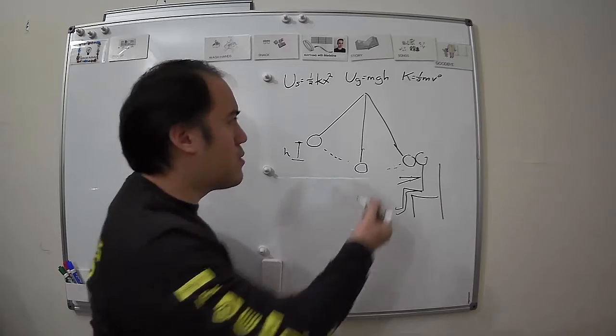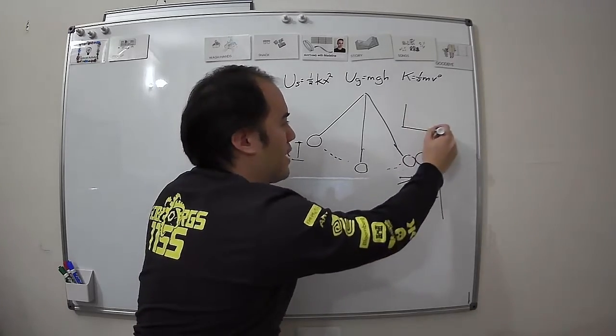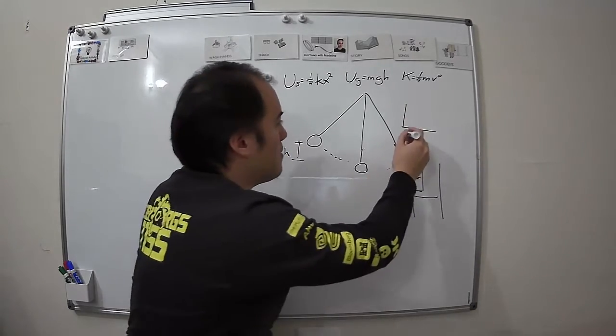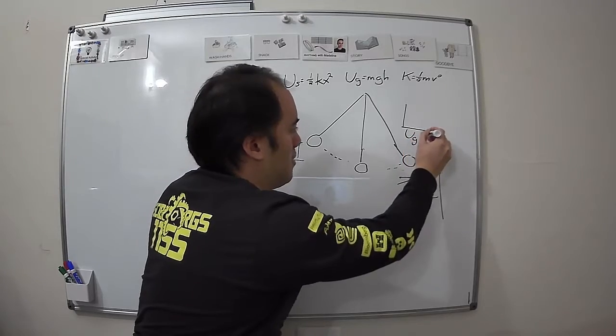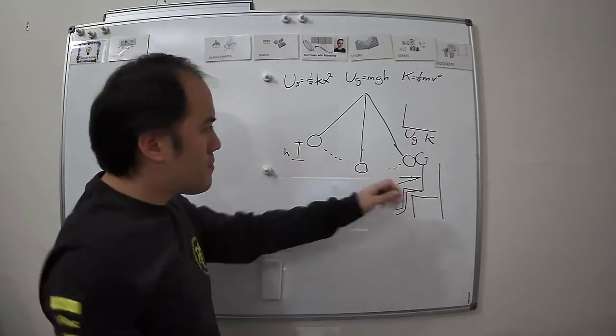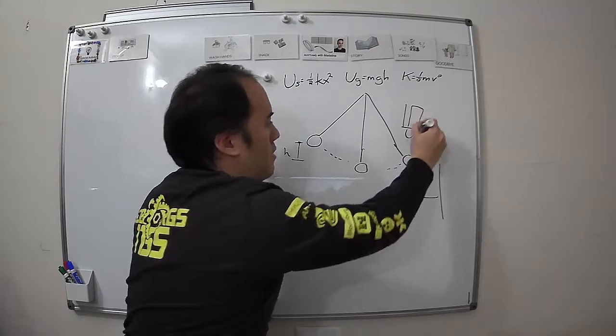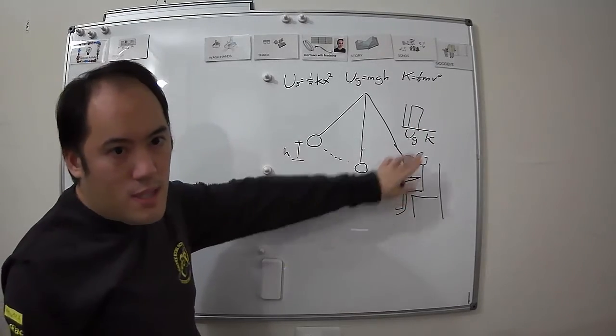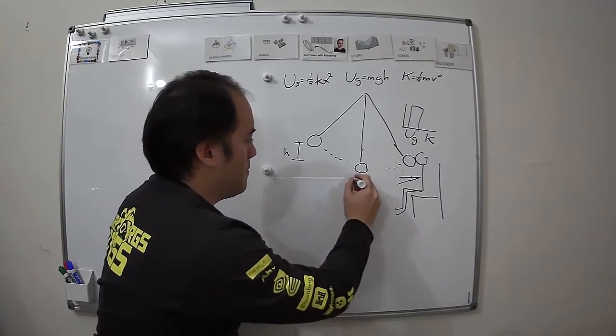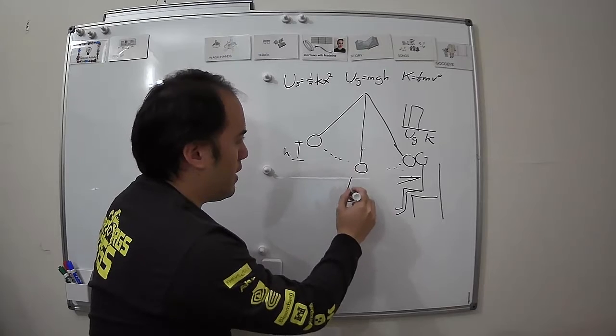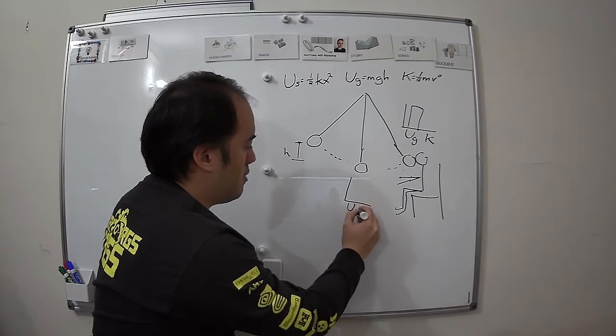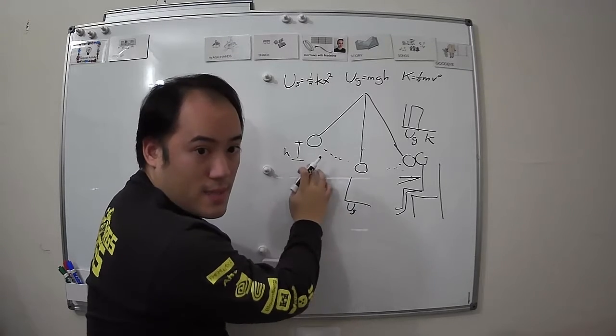Sometimes people like to draw this little chart. I don't really care about this chart, but I'll show it to you. U_G, K. The ball had lots of U_G, no K. Down here, we consider this height to be 0.